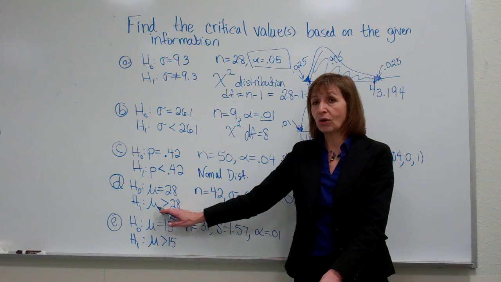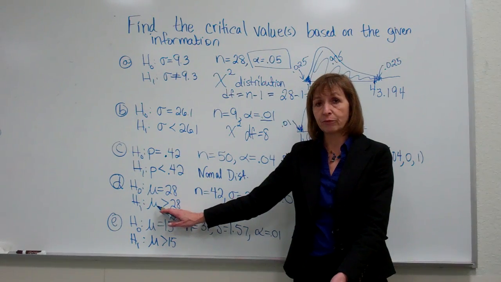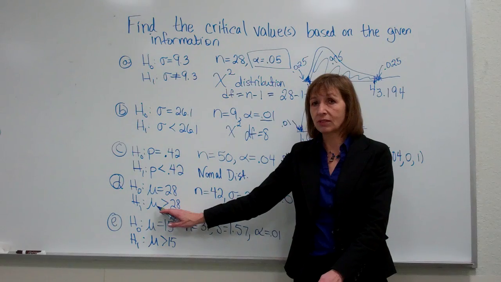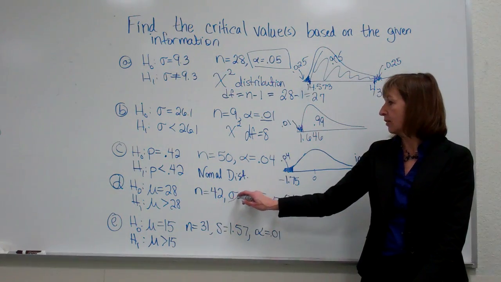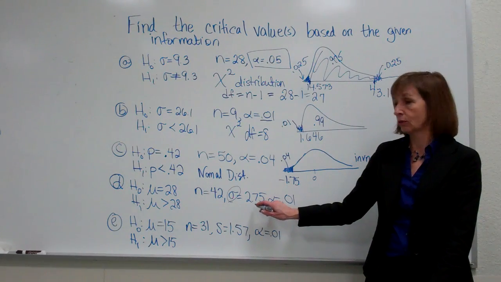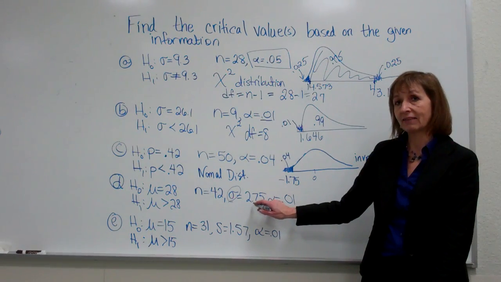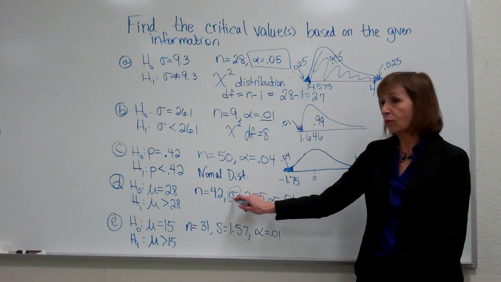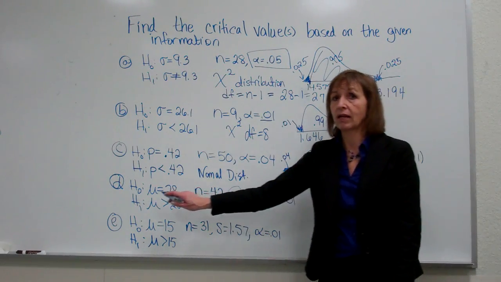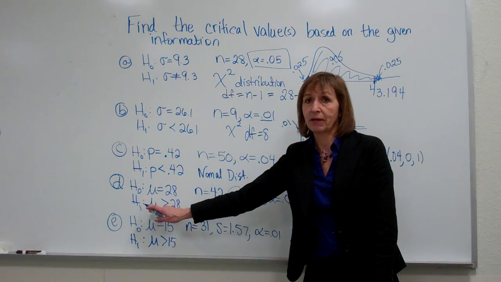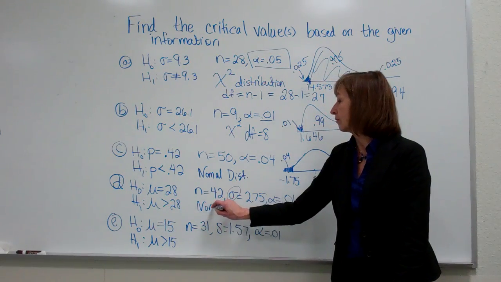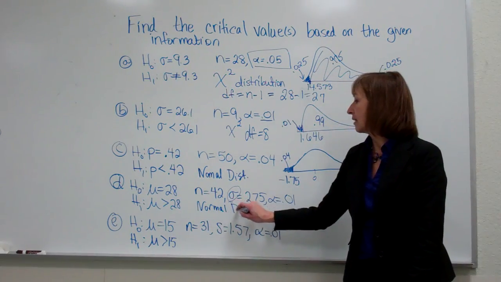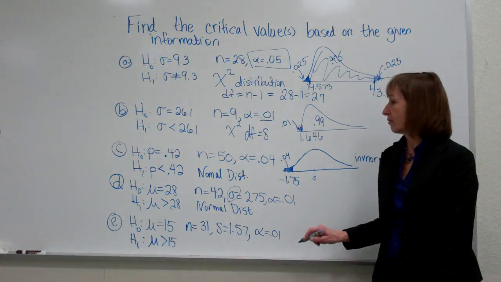If I don't know the population standard deviation, but have to use the sample standard deviation information, that's when I have to use the student's t-distribution. So I keep looking, and I see here sigma is equal to 2.75 in the given information. So I know the population standard deviation while I'm doing this hypothesis test about the mean. So this is then the normal curve that will give me the critical values.